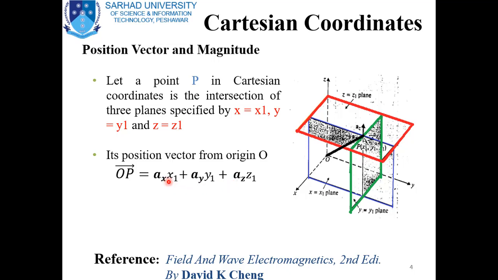We can find the magnitude of this vector by taking the square root of x1 squared plus y1 squared plus z1 squared. We can also find the direction of the position vector by using the formula: the OP unit vector is equal to the OP vector divided by the OP magnitude.